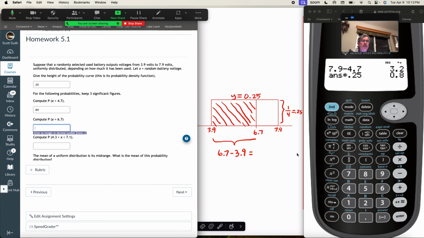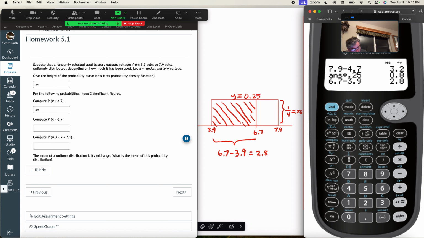So let's see if we do that on the calculator. 6.7 minus 3.9. And that's 2.8. And then we want to multiply that by 0.25, because again, we're finding the area of this rectangle here. And so we just want to do the base 2.8 times the height, 0.25. So just multiply that last answer times 0.25. And we get 0.7.